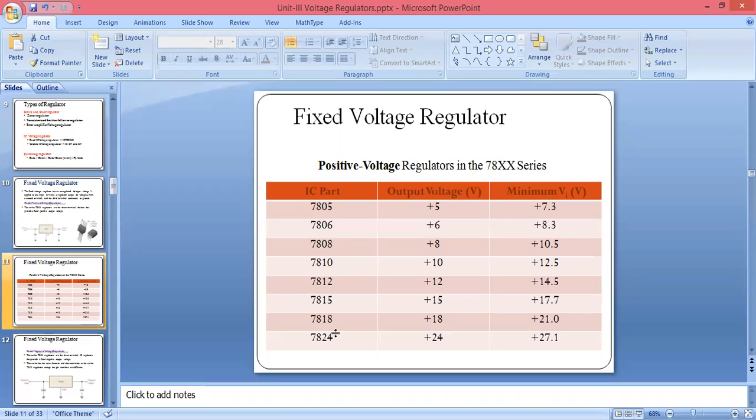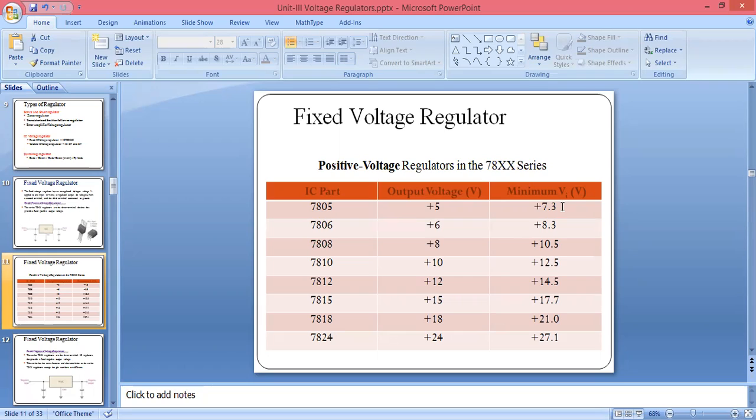It will give constant DC voltage that will be 24 volt. And here, what we are saying, it will convert DC voltage into the constant DC. So input voltage for the 7805 minimum value will be plus 7.3, and maximum you can take any value up to 35 volt.